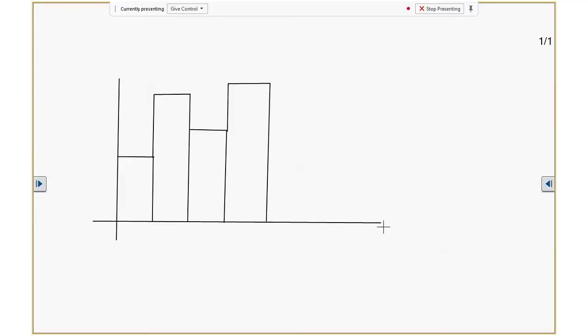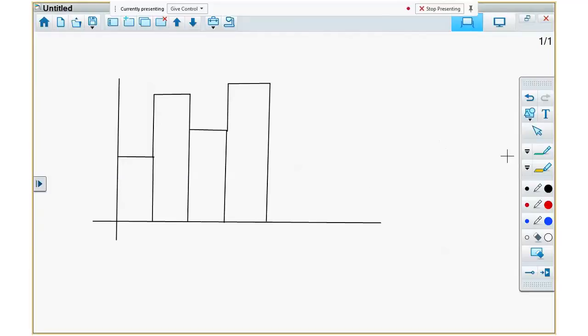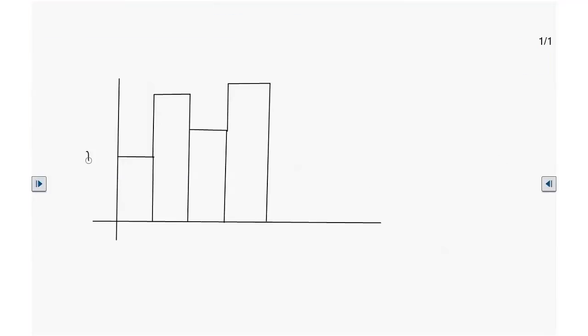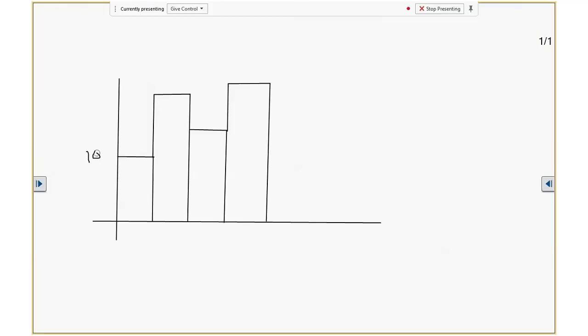All right, so there's your data. And let's say that this number right here is 10. And this is 15 or whatever. And this is 5, and you get the point.